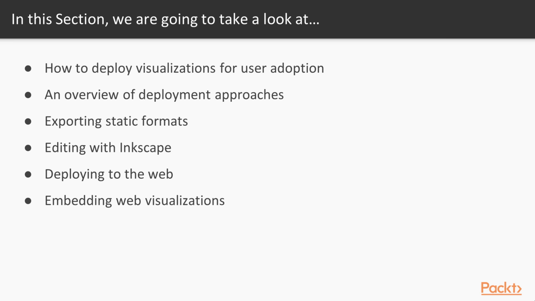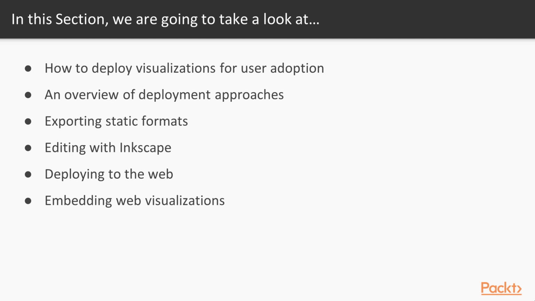What we'll cover in this section: a brief introduction and overview of different deployment approaches, and then specific videos dedicated to dealing with static formats such as PDF or image files. Then we'll have a video that looks specifically at how we can edit static content using the Inkscape tool.